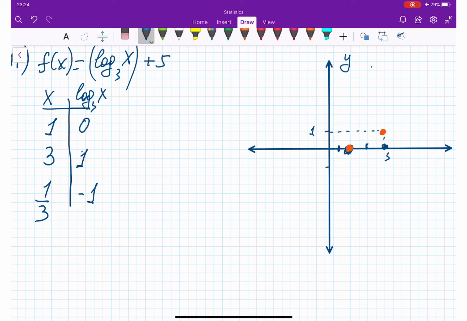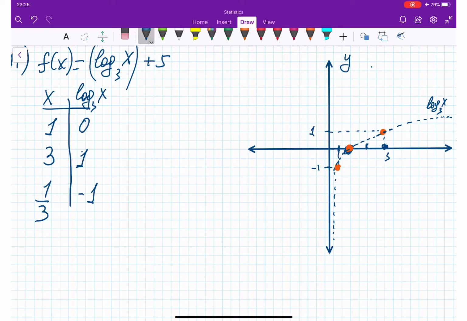And -1. And this will be the last point. Okay, so how is the graph going to go? The graph is going to be like that. Okay, this is gonna be log x by base 3. Now the whole graph, we are going to take it and move up by 5.